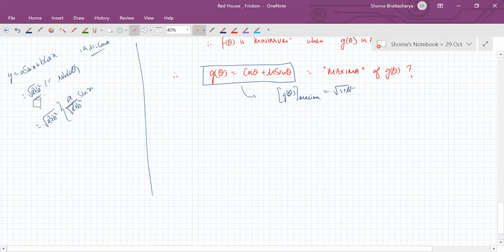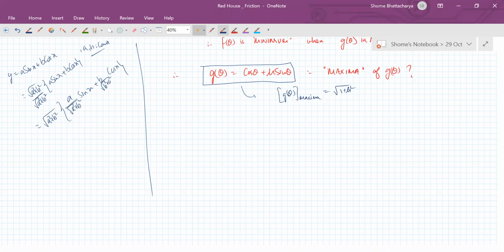This manipulation in trigonometric equations is used whenever you have a linear function in sin x and cos x: to solve it, you multiply and divide by root of a square plus b square, where a and b are the coefficients of sin x and cos x. Next step, you do this.